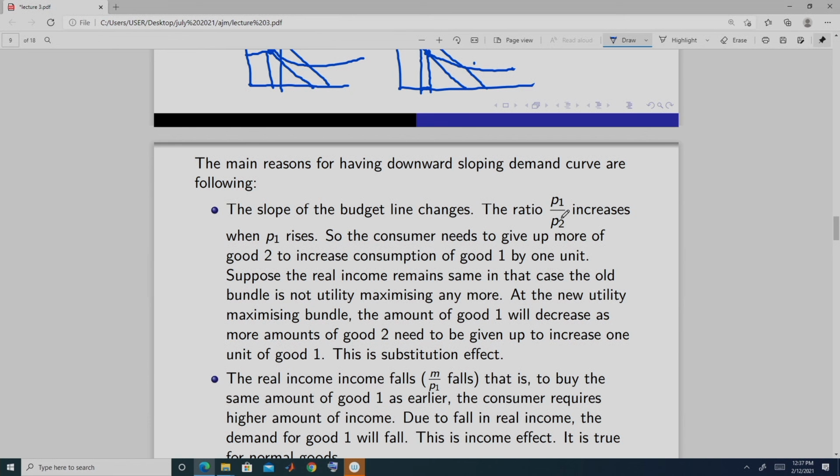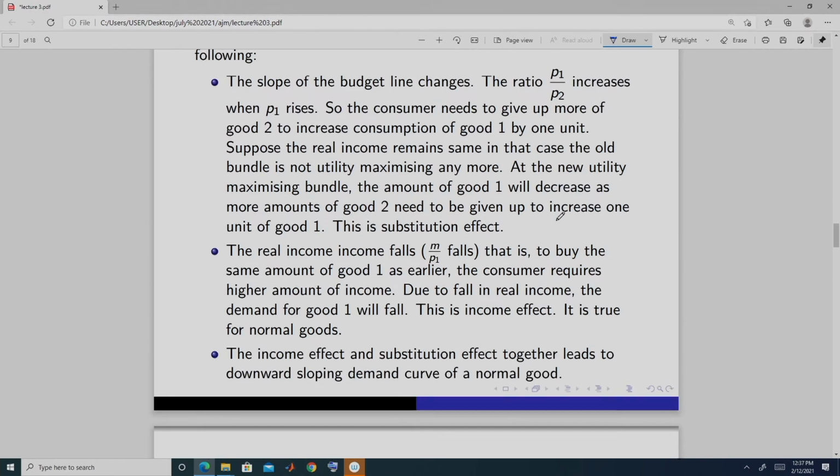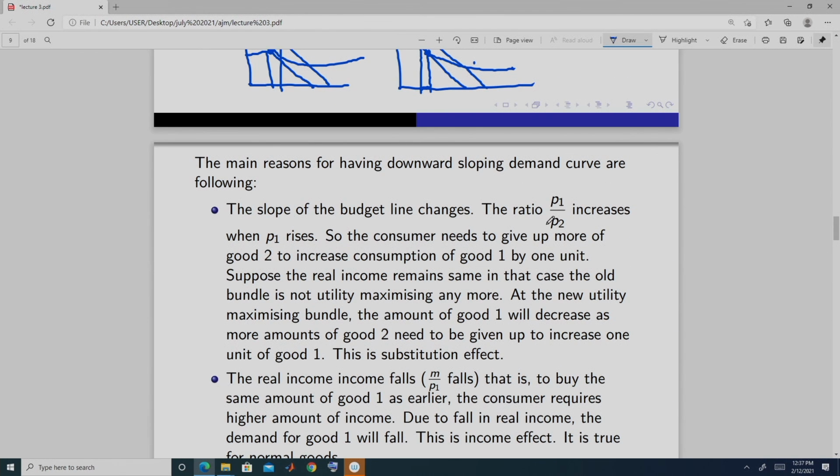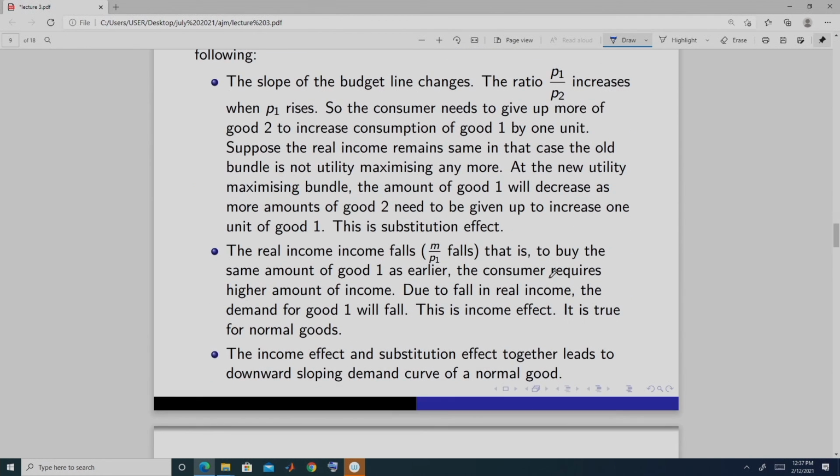Okay. Now, why do we get such a downward sloping demand curve? One reason is it's mainly because of two effects, and these are called the income effect and the substitution effect. Income effect says that suppose your prices P1 and P2 are fixed, and whenever the price P1 increases, then this ratio, M by P1, falls.